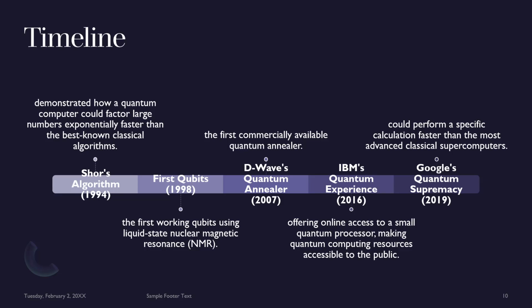And then in 2019, Google's quantum supremacy performed a specific calculation faster than the most advanced classical supercomputers. So this is a big event in quantum computing for future researchers.